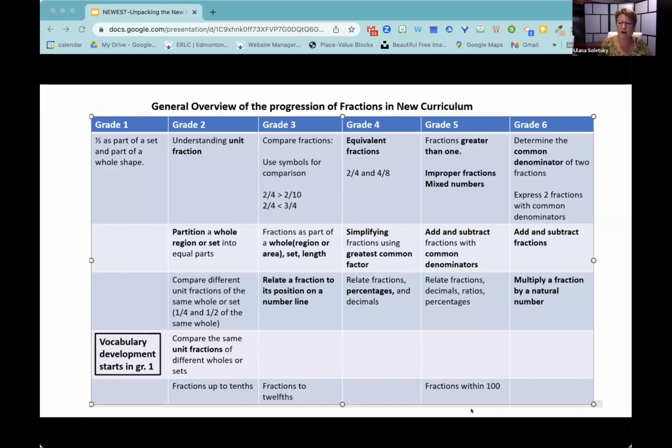And I saw my friend Dave Martin put out a post, and he said, really, in real honesty, do we ever do something like 34/75? Not really, we don't. So we want kids to know that we can do that, but we don't really want them to work with those.